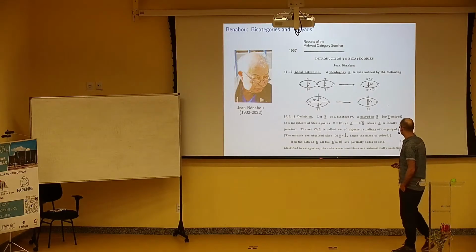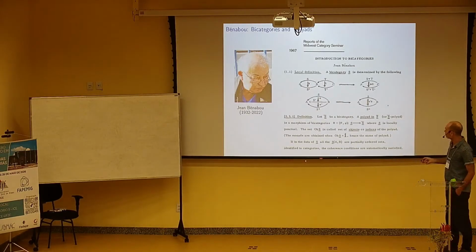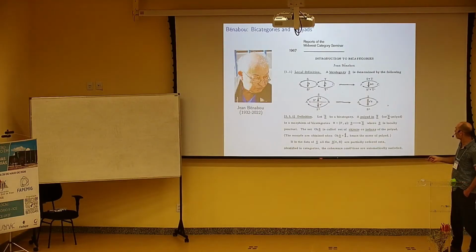So in fact, also a fun fact, you see the last sentence, if the data of S, which is a bicategory, is partially ordered sets, so in fact if you have a bicategory which is locally partially ordered, Benabou says the coherence conditions are automatically satisfied, so it's going to be our case. So let's do this.